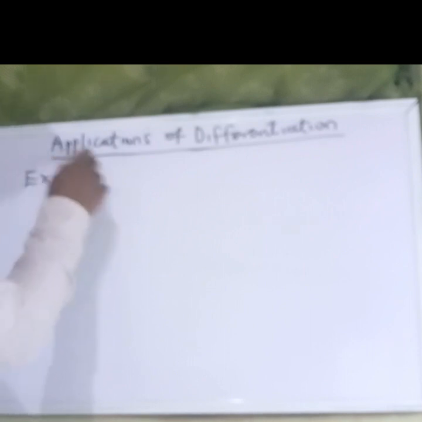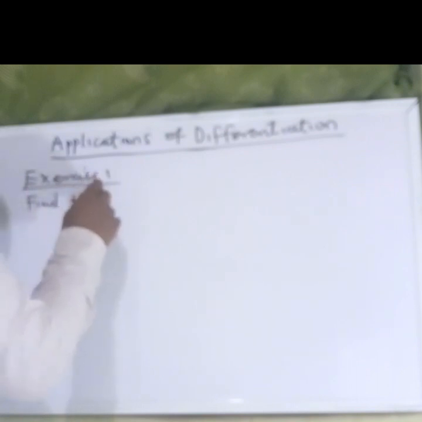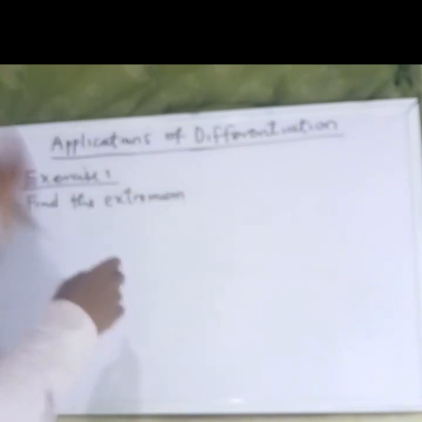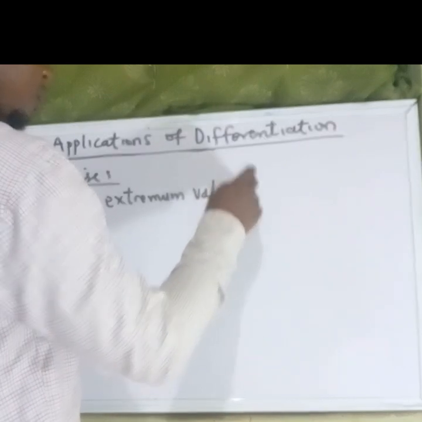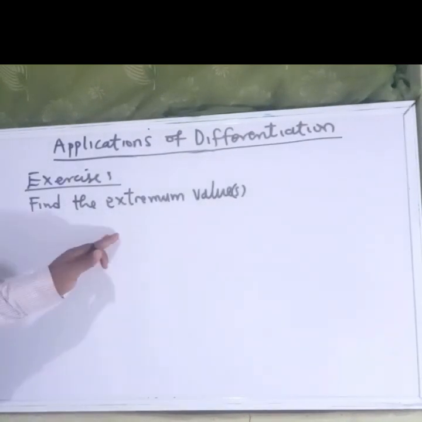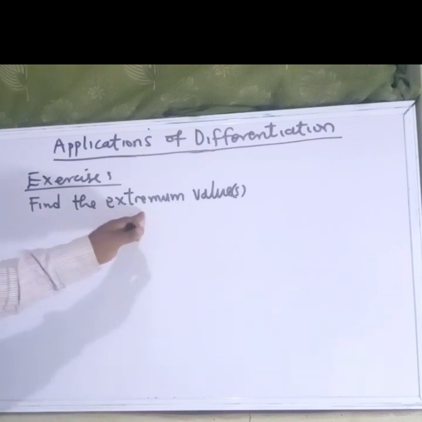So we find the extremum values. We are considering a chaotic function so that we have about three extremum values.